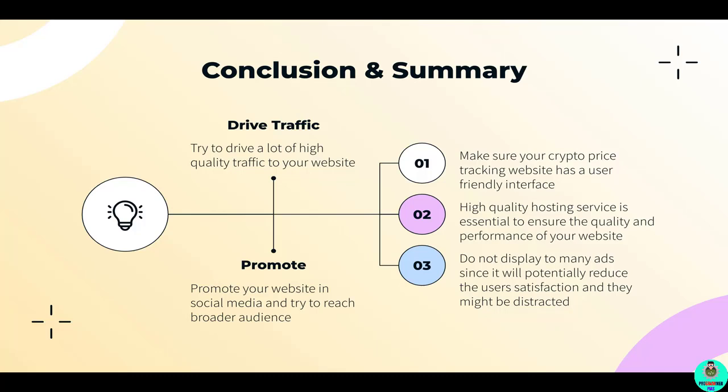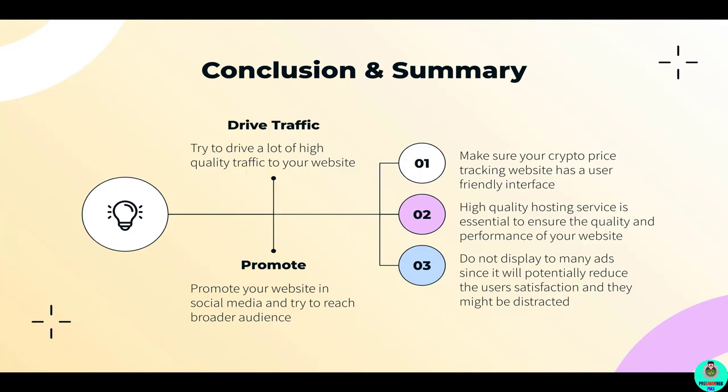So if you have a Facebook page, for example, create a Facebook page, or maybe you have Instagram, just promote your websites on Instagram, create content related to cryptocurrencies, create content related to market predictions, stuff like that, and then link that content to your websites. Or maybe you have Pinterest, all right? Or maybe you have TikTok, YouTube, or Twitter.